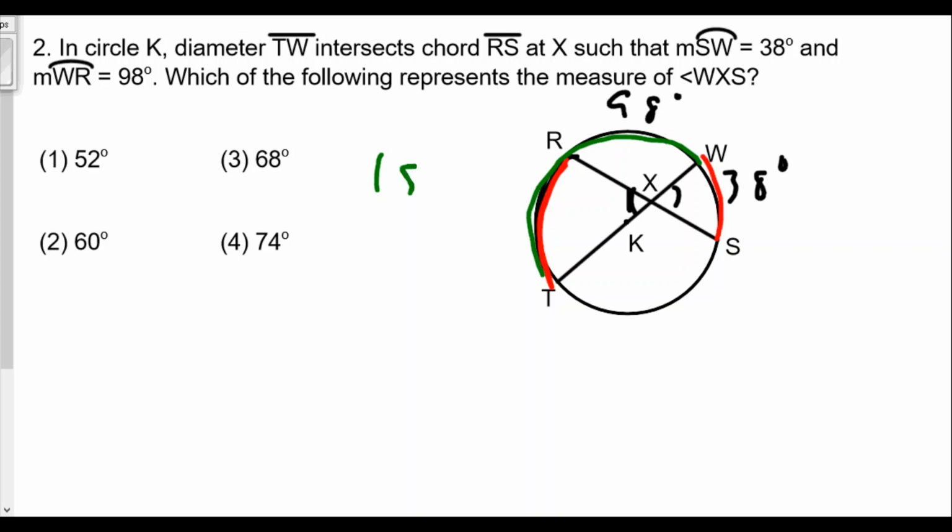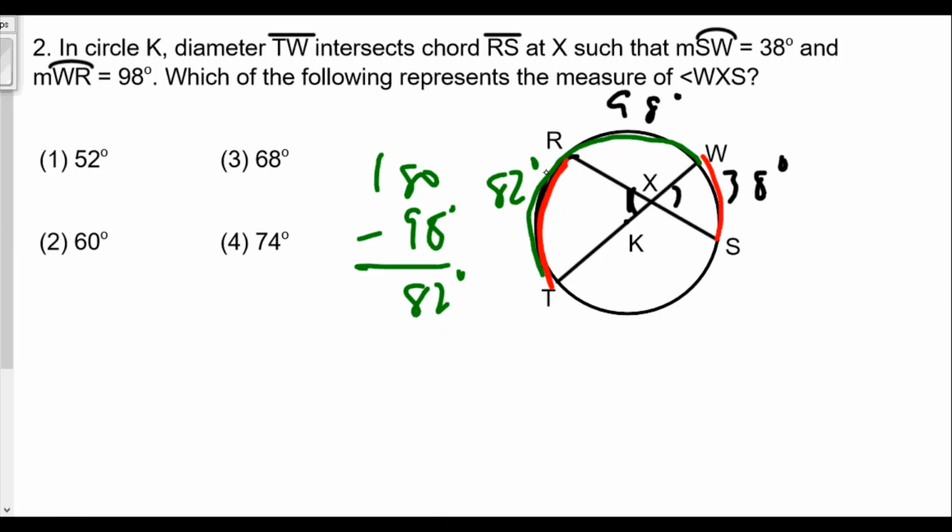So 180 minus 98, meaning arc WRT minus arc WR will give us arc RT. And so in this case, we're going to get 82 degrees. Now, it's not to scale, so.